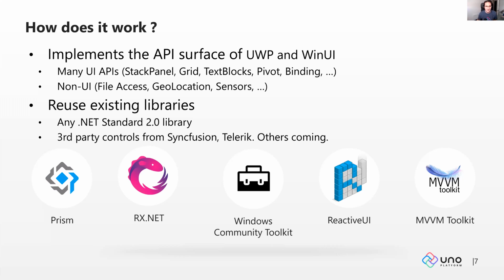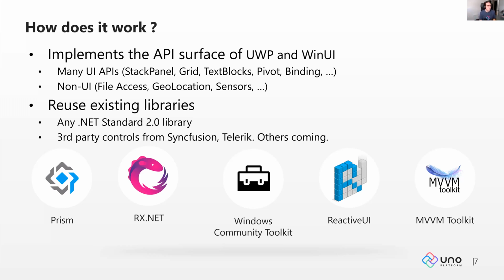Now, the interesting side about providing the same API that Windows provides is that existing libraries that are already targeting WinUI can also target Uno. That means that we were able to take Prism, Rx, Windows Community Toolkit, Reactive UI, MVVM toolkits, MVVM Lite toolkits, and now the toolkit that's available as part of the Windows Community Toolkit and many other platforms.